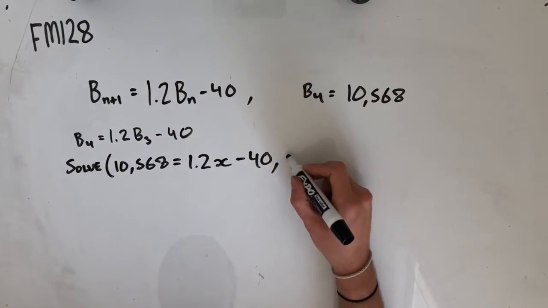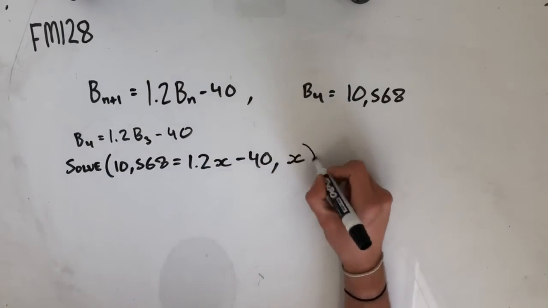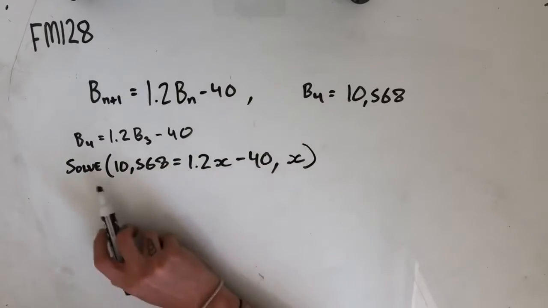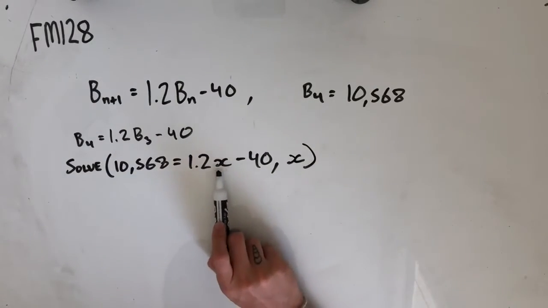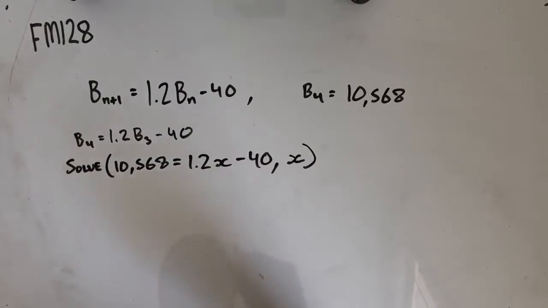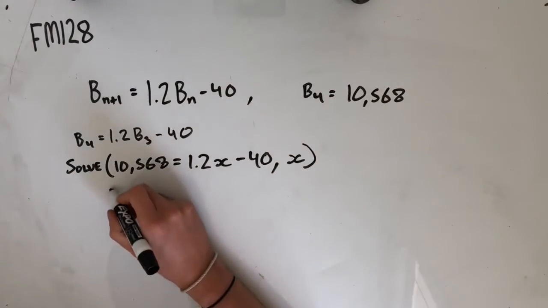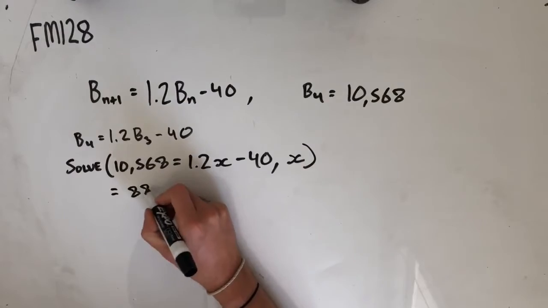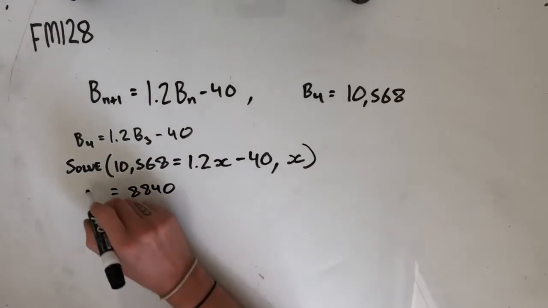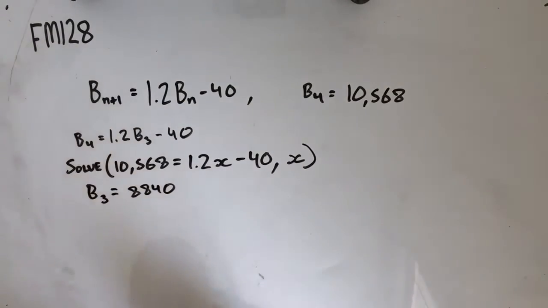And then we're telling this function at the end, comma x, which is telling it that we want to solve for this value. If you plug that into your calculator and hit enter, you're going to get an answer of 8,840. So that means that our B3 value is 8,840.